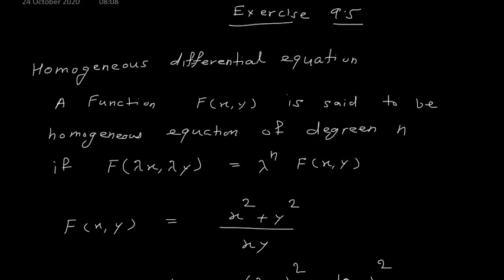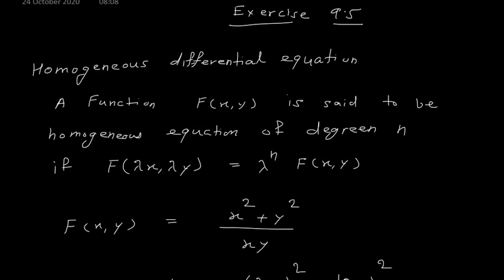Now this is a homogeneous equation, and if the value of n is 0, it is called a homogeneous equation of degree 0. So now in this class we are going to solve the problems in which the differential equation is a homogeneous differential equation and the degree of this differential equation is 0.